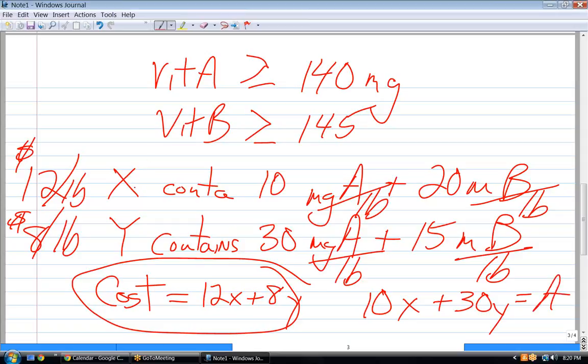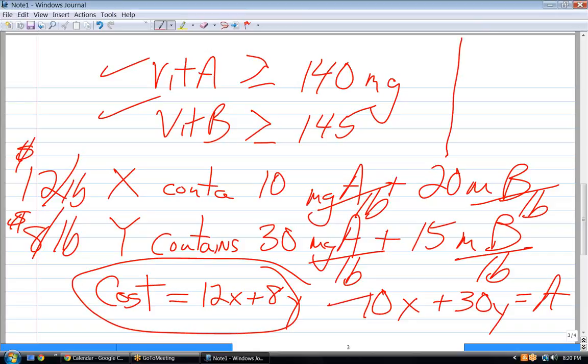In other words, if you bought 2 pounds of X, you'd get 20 milligrams of A, and if you bought 3 pounds of Y, you'd pick up another 90 milligrams of A. So these are our 3 constraints.